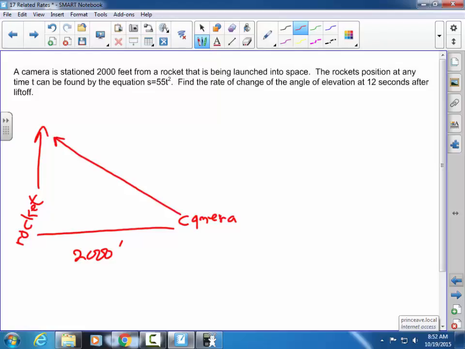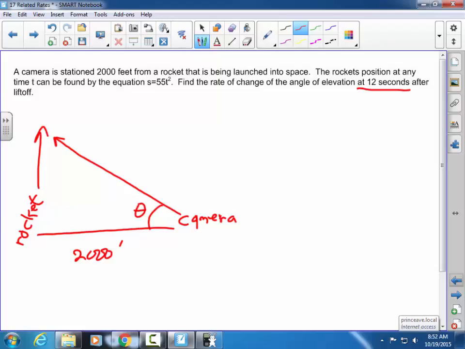Find the rate of change of the angle of elevation at 12 seconds after liftoff. So where's our theta going to be? At the camera. We're going to say that's theta there. And then your vertical is going to be the rocket's height at 12 seconds, right?